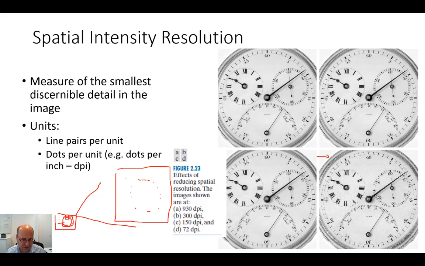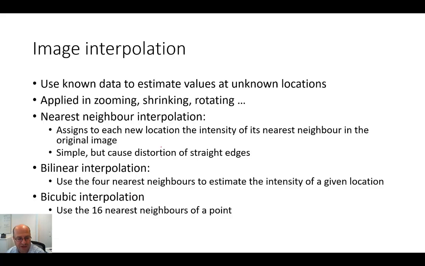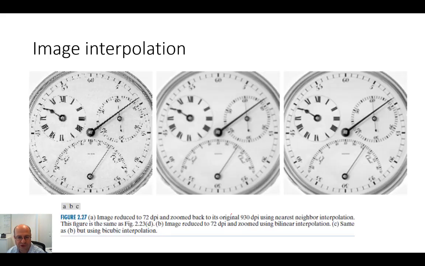So I get the value of the 4 nearest pixels and do a sort of calculation to verify it. It could be the mean value, or it could be the median value. There are many possibilities for doing that to interpolate the value, or by cubic interpolation, where you use 16 nearest neighbors of a point.